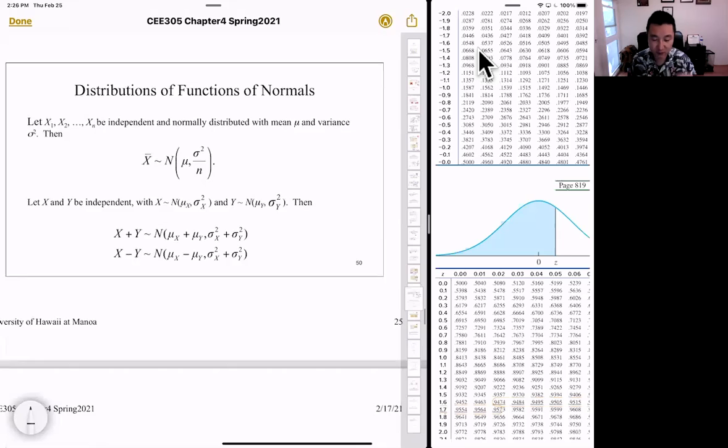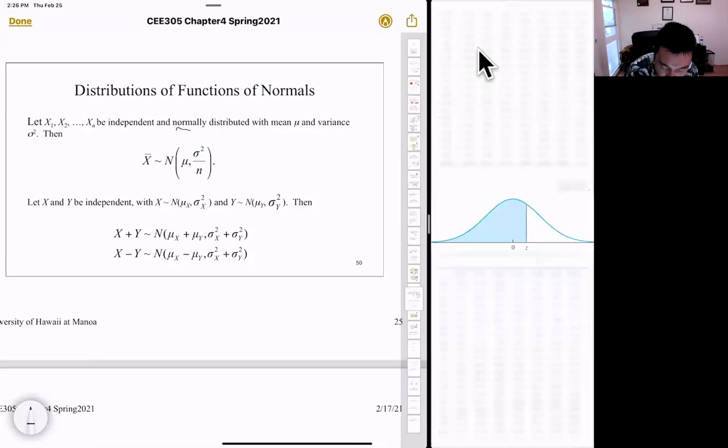Distribution of a function of normal variables. If x1 to xn are independent and normally distributed with a mean value of mu and variance of sigma squared, then the mean of x1 to xn follows a normal distribution with mean mu.